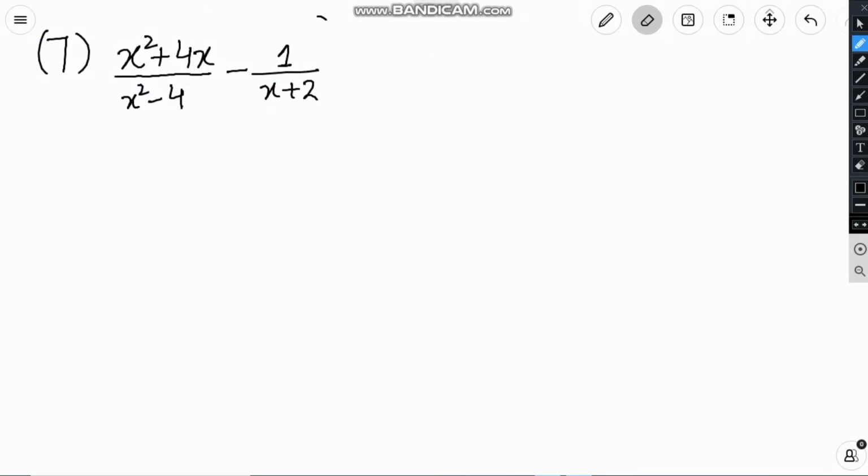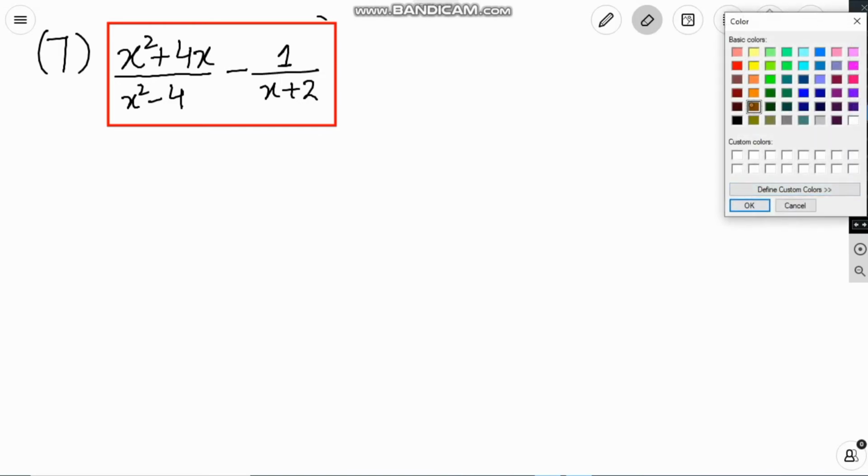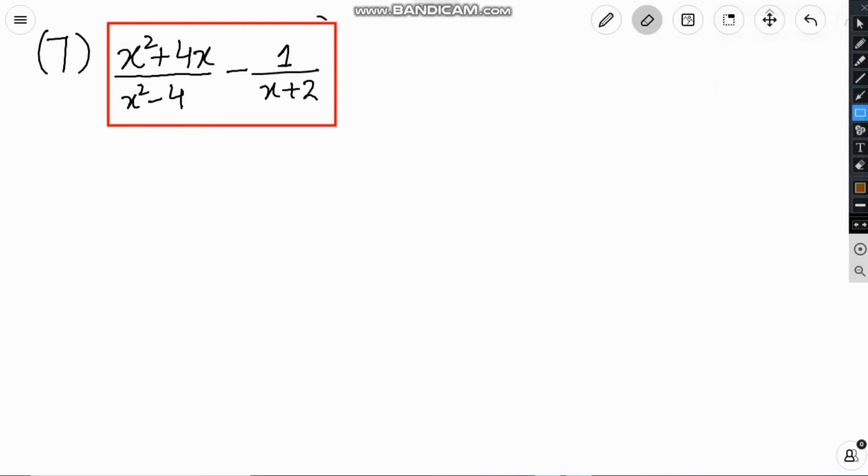So now this time you are given rational expressions that are a little bit tricky and interesting. So let's solve it. Just look at your question. Can you make your question more simple? Just look at your first rational expression, that is x square plus 4x over x square minus 4.